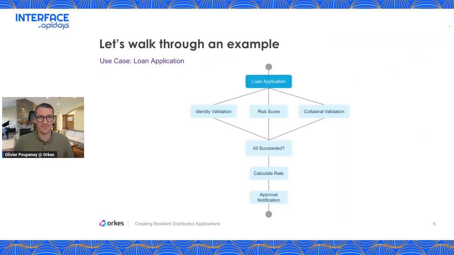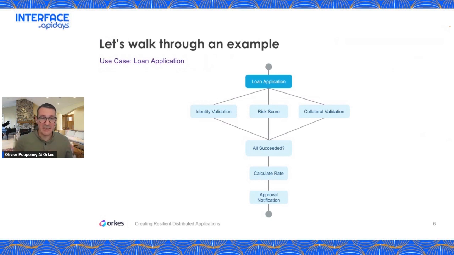After saying all of this, let's see an example of what could be a distributed application, and let's go through this example. I took the example of a loan application, very simple. The loan receives the application from a user.